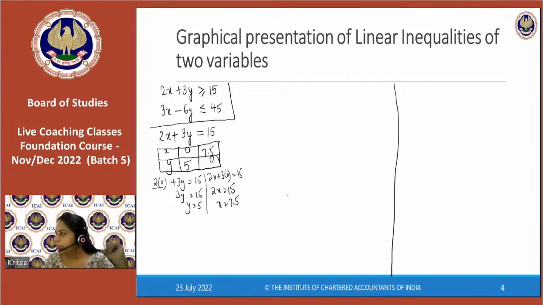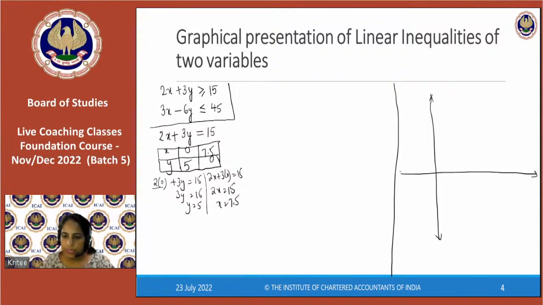Look here, I'll plot a graph. You will have a graph paper. Even if you do not have it, you understand this is the x-axis, this is the y-axis. Horizontal is always the x-axis. On x, we will plot the values of x that we have identified, and on y, we will plot the values of y.